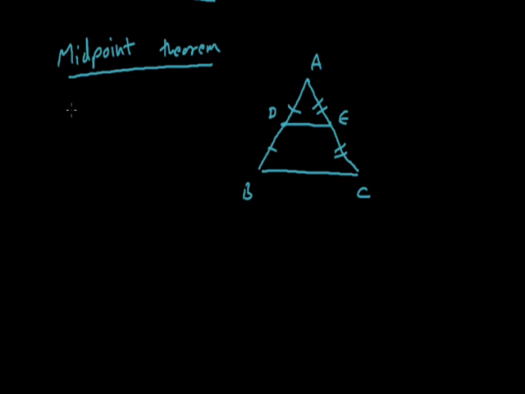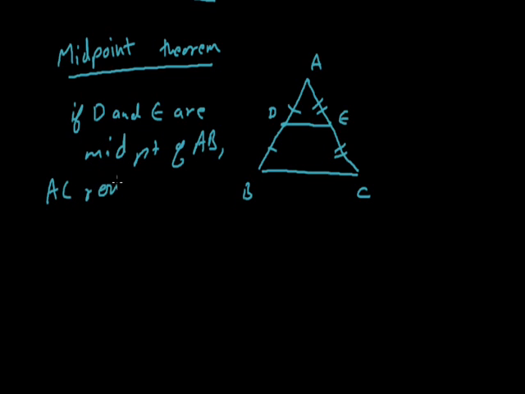That is, according to the midpoint theorem, if D and E are midpoints of AB, AC respectively, then DE is parallel to BC, and the length of DE is half of BC. That is our midpoint theorem.